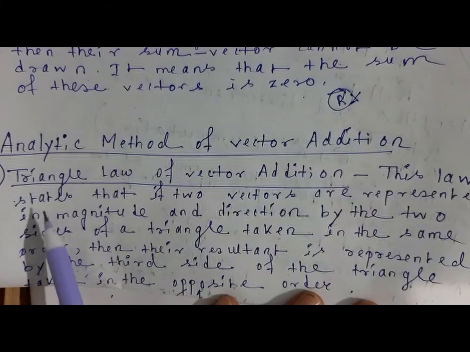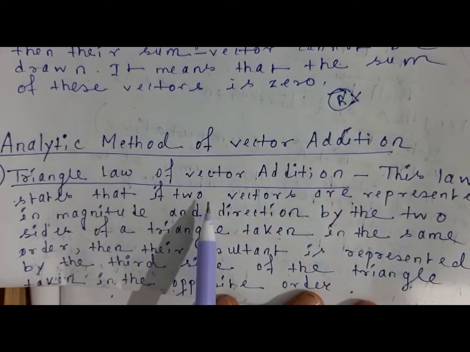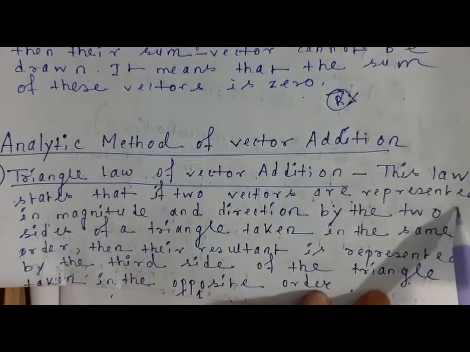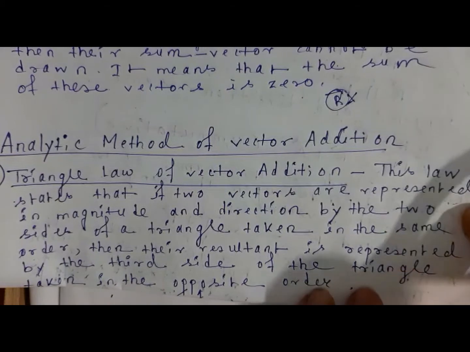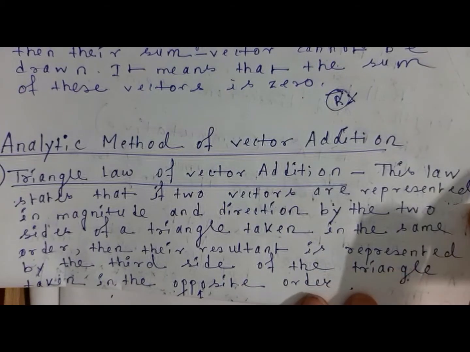This law states that if two vectors are represented in magnitude and direction by the two sides of a triangle taken in the same order, then their resultant is represented by the third side of the triangle taken in the opposite order.